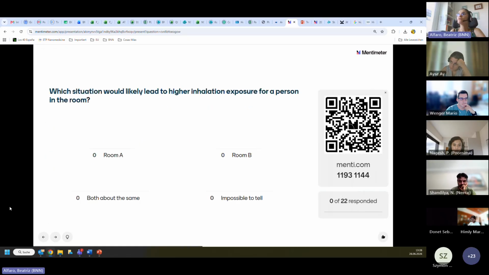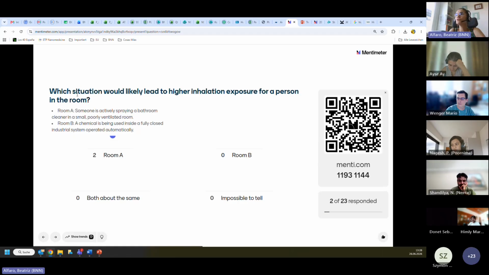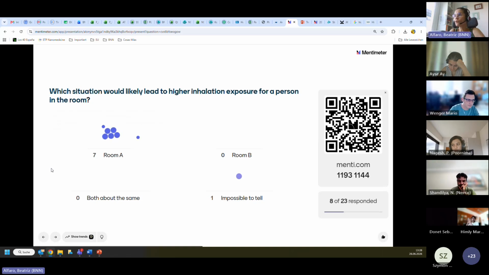In which of the two situations could you likely have higher inhalation exposure as a person in the room? You have 4 possible answers: room A, room B, both about the same, or impossible to tell.